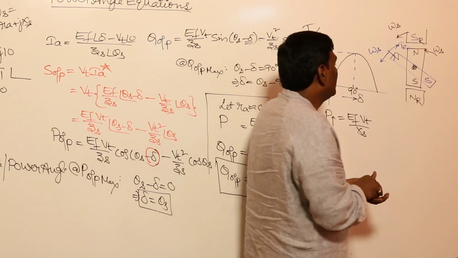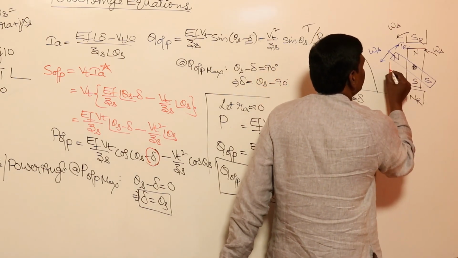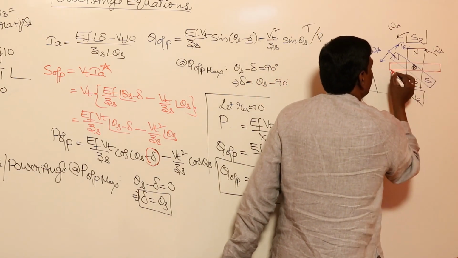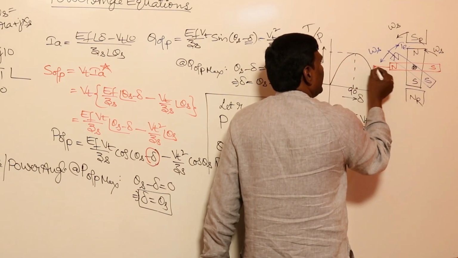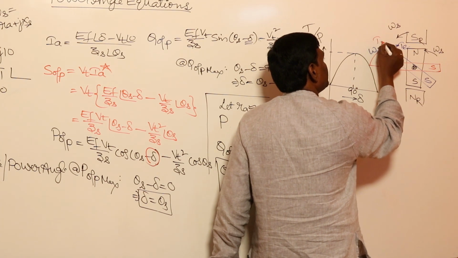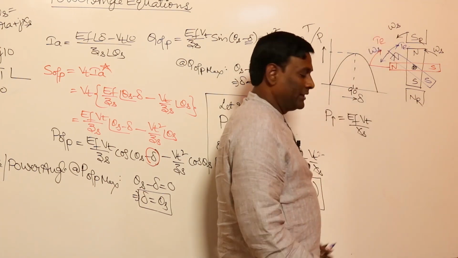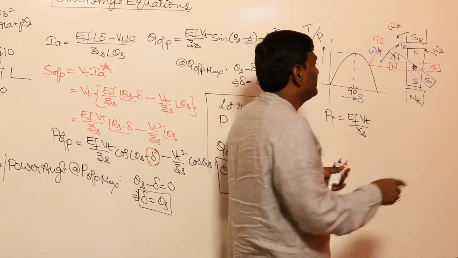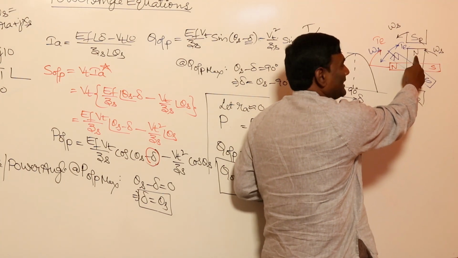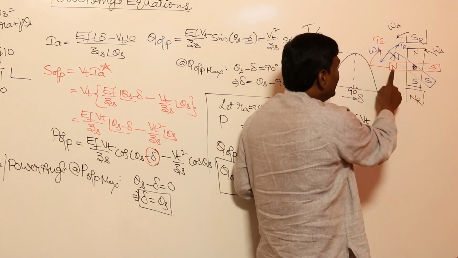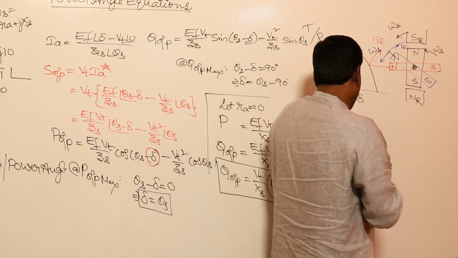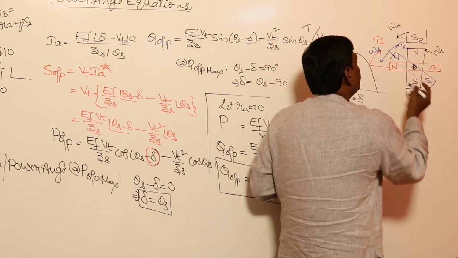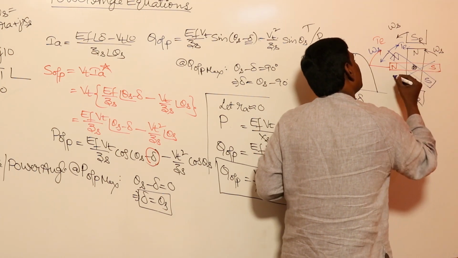Now for example, if I think of here, N pole here, S pole here, under that condition again torque will be in the opposite direction. Okay, if I go with delta equal to 0, delta less than 90, delta equal to 90, and let me also think of more than 90.